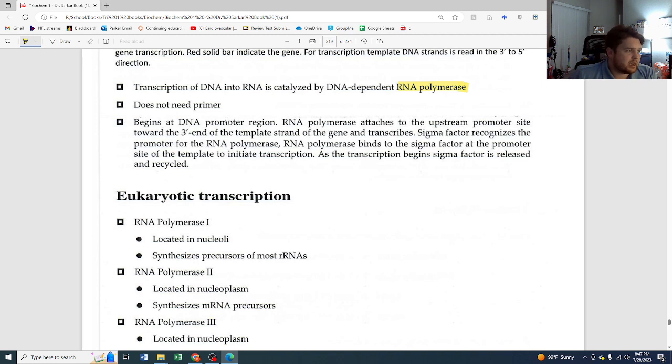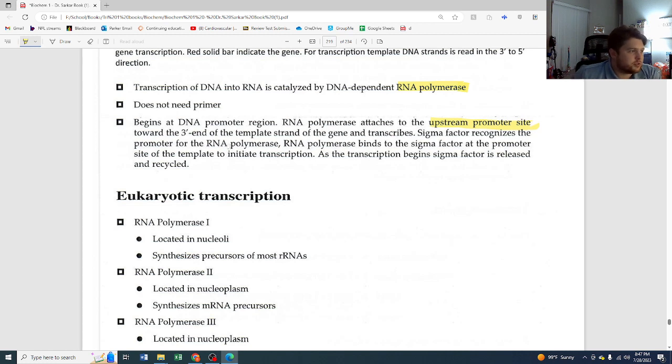So beginning at the DNA promoter region, the RNA polymerase attaches to the upstream promoter site towards the 3' end of the template strand of the gene and transcribes. We talked about that, remember, when we talked about methylation. The upstream promoter site is the site that promotes binding. And if it's not methylated before that, then that's going to be open and a gene will be expressed.